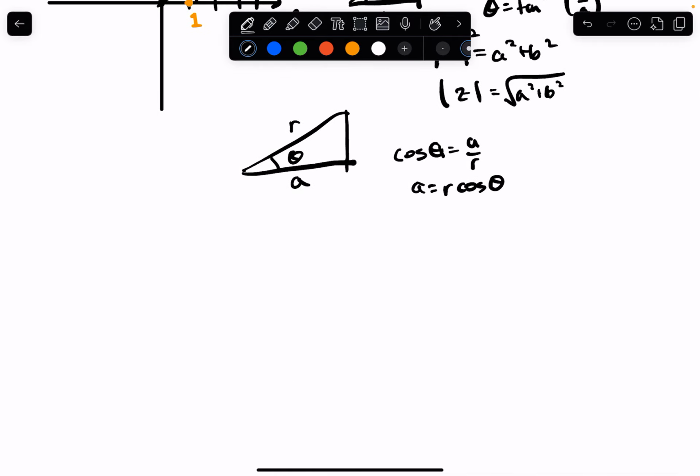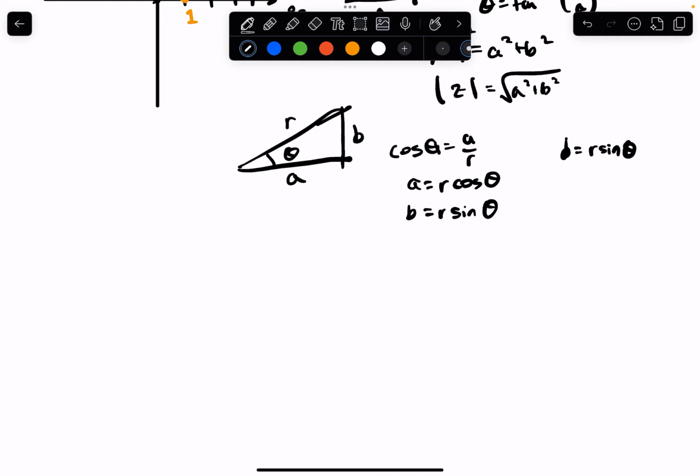Now, say we have the same thing here, we'll call this b. b is going to be equal to r sine theta by the same case. Hence, this number right here is going to be the sum of these two components.